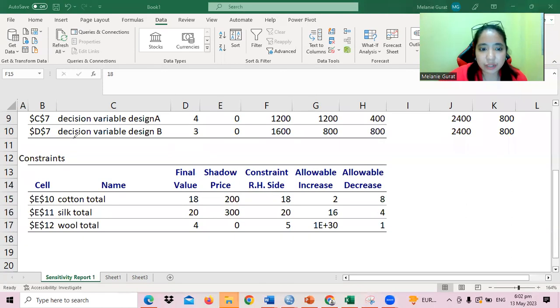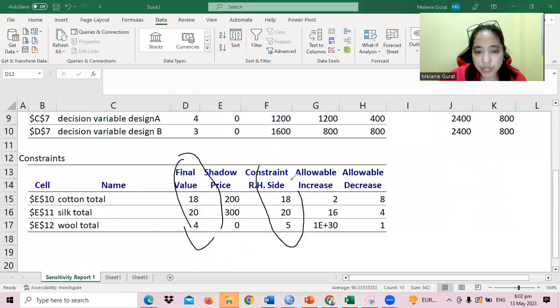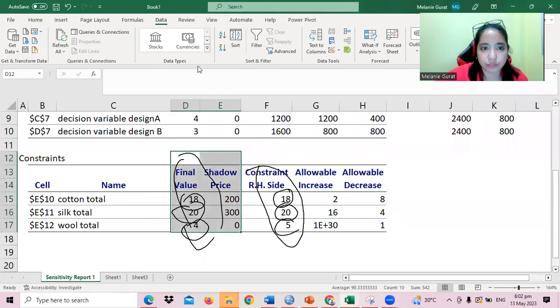If we compare the final value with our constraints, we can see that we were able to use all the cotton and all the silk, it's 20, but we only used 4 wool out of the 5 wool available.